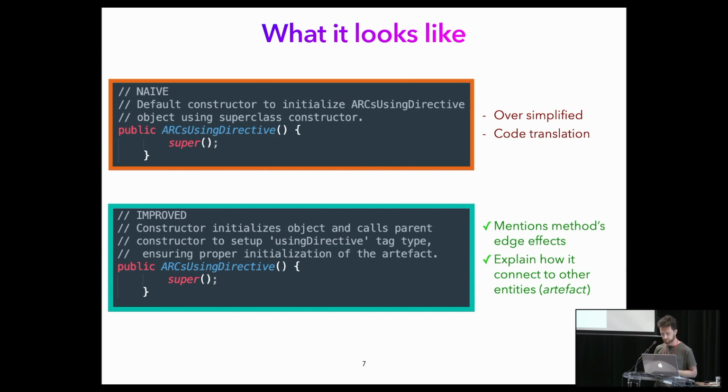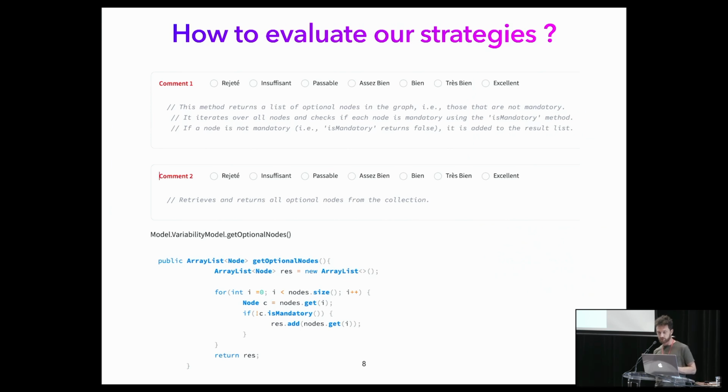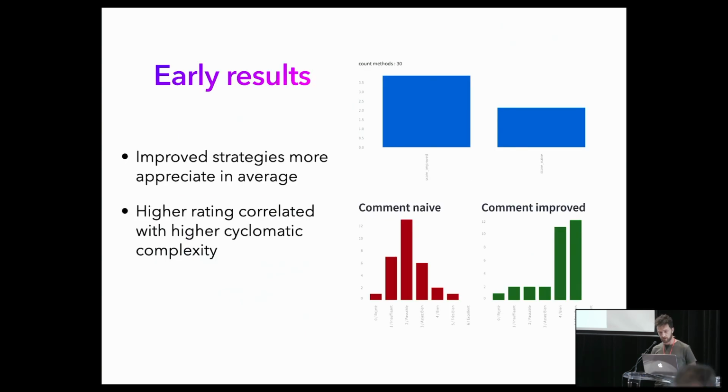To evaluate our strategy, we are developing a website where we ask participants to rate our methods. They can rate them from 0 to 7, from rejected to excellent. Everything is randomized, so you don't know which strategy is used.